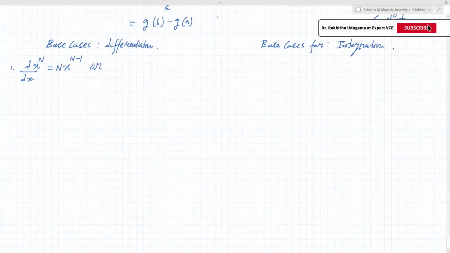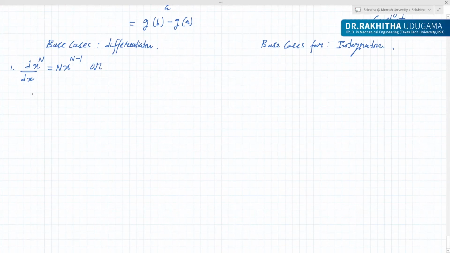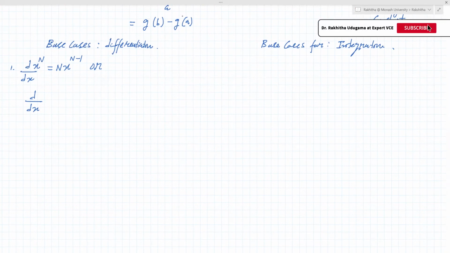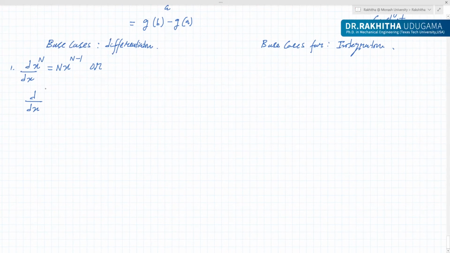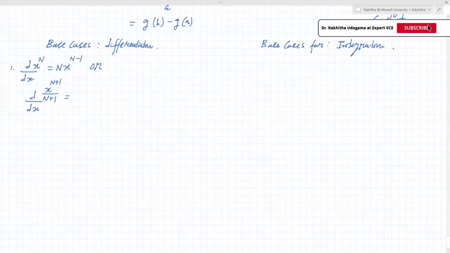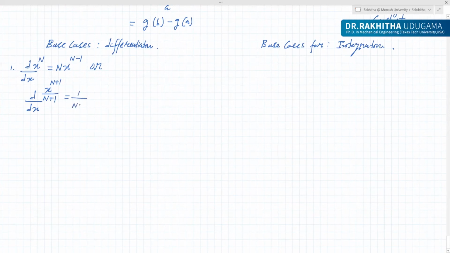Or you can say d/dx of x^(n+1) divided by n+1. If you differentiate this, what would be the answer? This n+1 is a constant, right? So n is a constant, you know that. So the answer would be 1 divided by n+1.